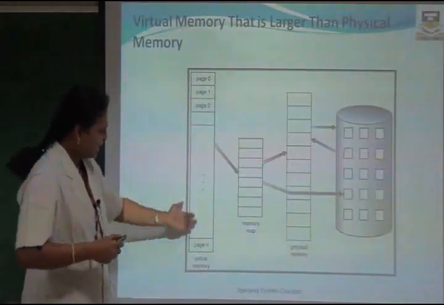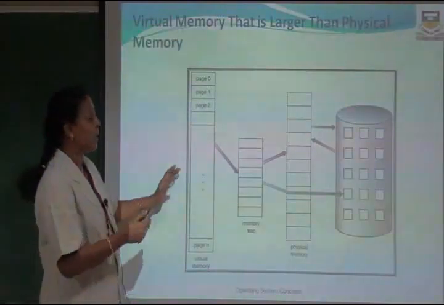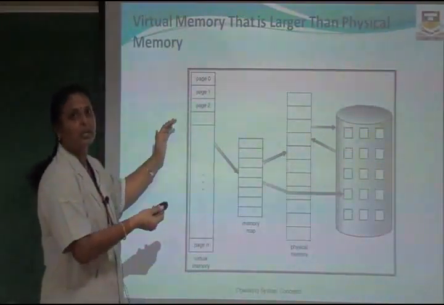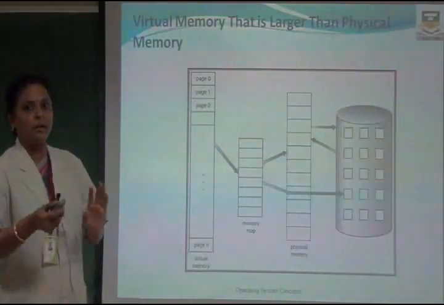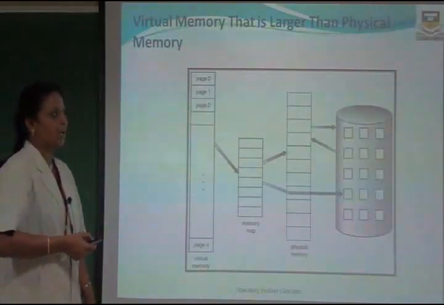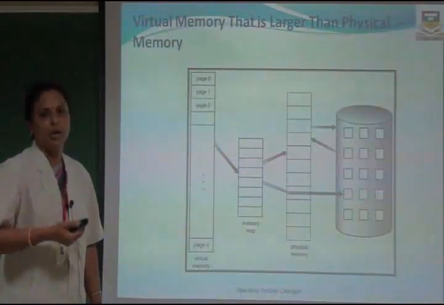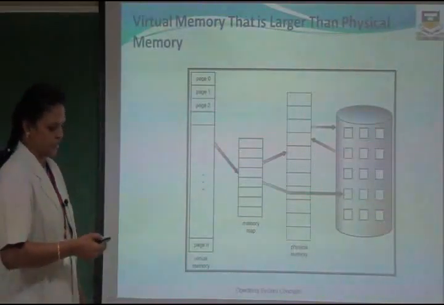But here virtual memory provides an illusion that the complete application is residing in physical memory. So it is an illusion, but really it is not happening like that. But anyway, all the currently executing processes are available in physical memory.